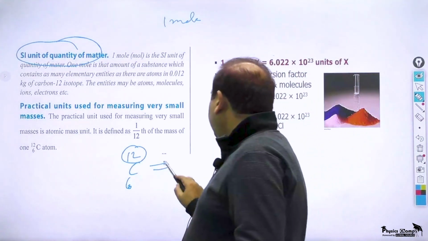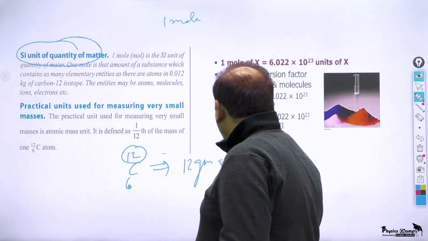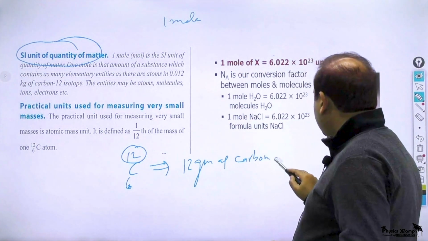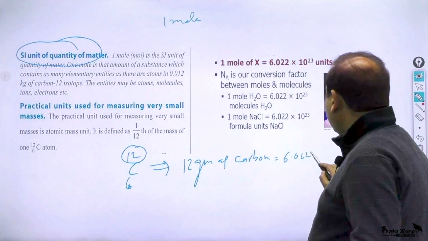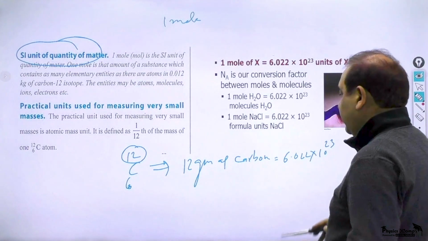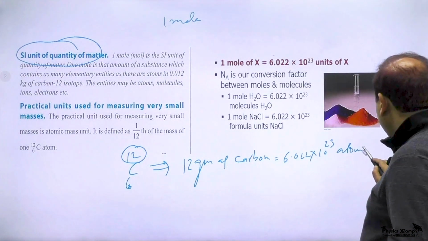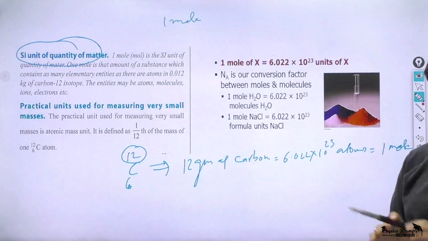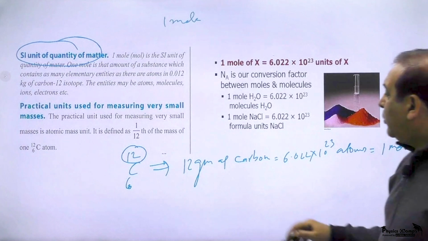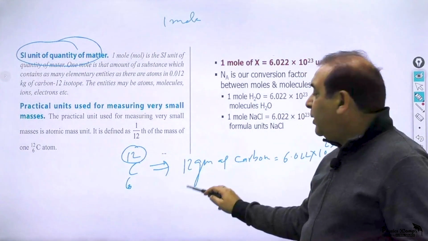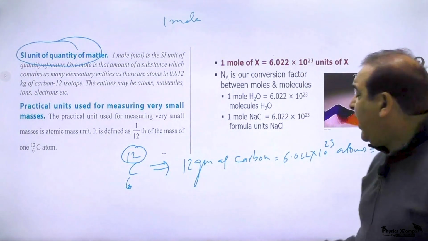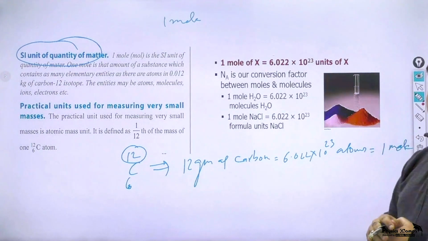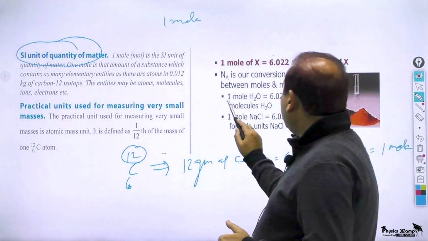So we can define that 12 gram of carbon will have 6.022 × 10^23 atoms, the Avogadro number, and it makes 1 mole. So this is the basic concept. From atomic mass we can make out that 12 gram of carbon will have Avogadro number of atoms in it and will make 1 mole. Similarly, 1 mole of H2O.